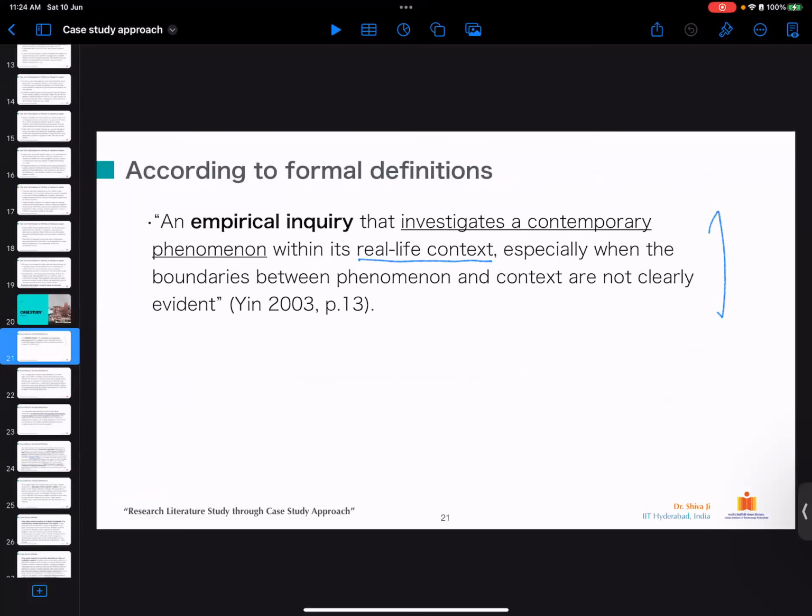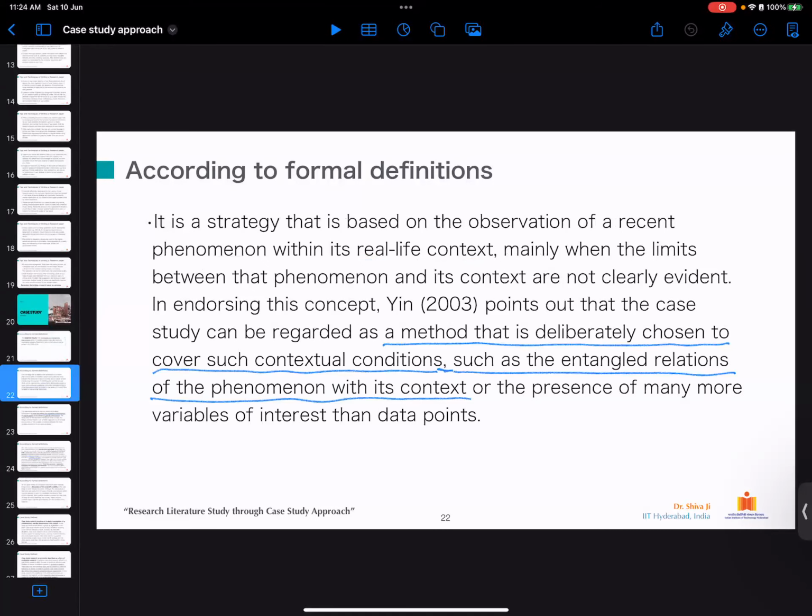What does it mean? An empirical inquiry, that means a practical inquiry, where some real life data is involved. So a real life context, some phenomena. Then it becomes a case study. Then a method that is deliberately chosen to cover such contextual conditions.